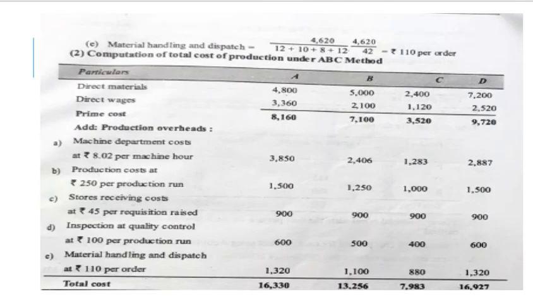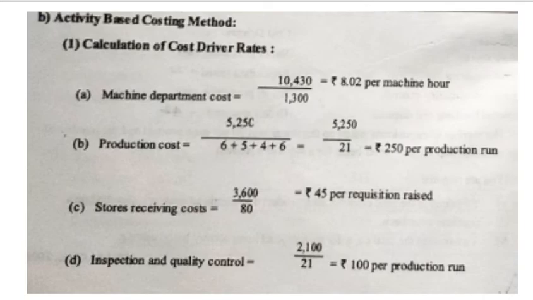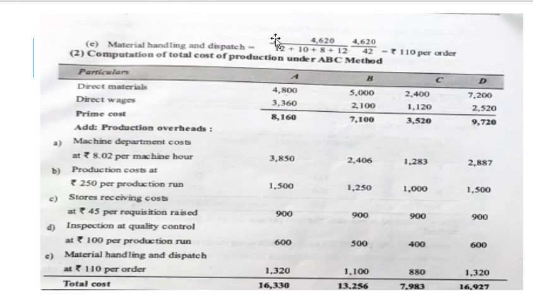Yes, here they have given that the number of orders executed was 42, each order being for a batch of a product. So if you look into the question, material handling and dispatch is 4,620, and they have given you the total number of orders executed.